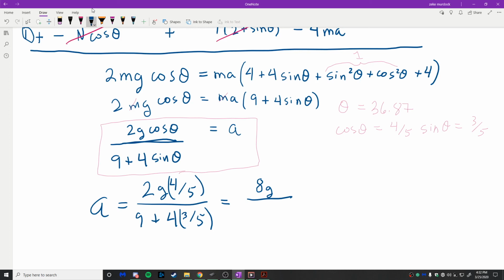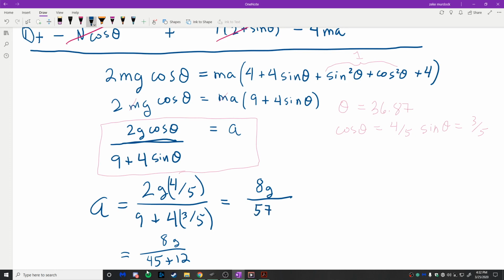I feel like this is a different answer than we got yesterday. Maybe I made a mistake last time. It's basically going to be 8g divided by 45 plus 12. And 45 plus 12 is what? 59? No, 57?